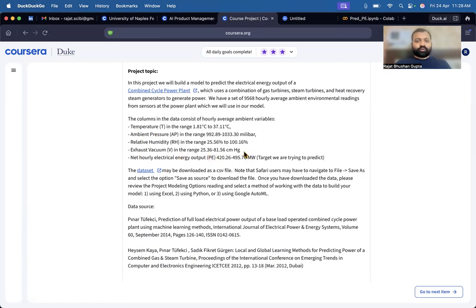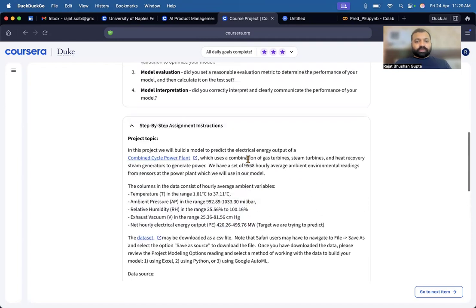Now, the idea is to use these features and try to predict this label, right? So, since the predicted output is an integer value, this problem has been identified as a regression problem, a supervised machine learning case.